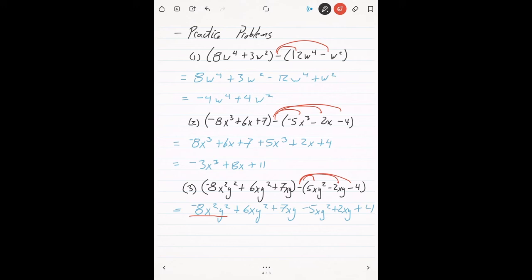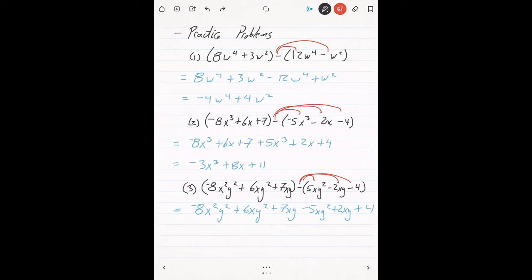Well, in the rest of this expression, I don't see any term that has an x squared and a y squared. Remember, like terms have to match the variables and the exponents. So you have to have the same variables and you have to have the same exponents on those variables. Well, there's no other x squared y squared, so there won't be a like term for this one. So we'll just leave that.